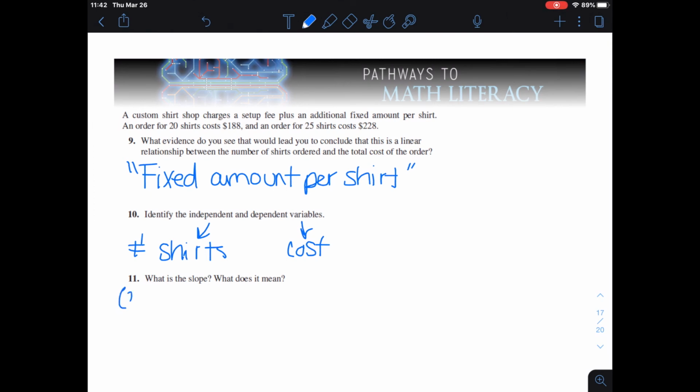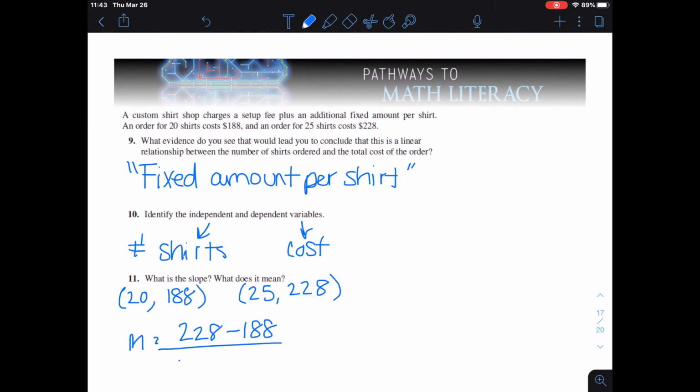So we have 2 points. When we buy 20 shirts, the cost is $188. When we buy 25 shirts, the cost is $228. So our slope is going to be the difference in the Y values, so 228 minus the other Y value, over the difference in X's, so 25 minus 20.